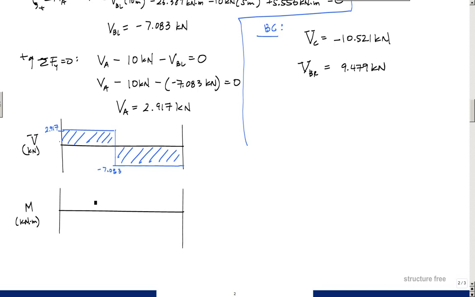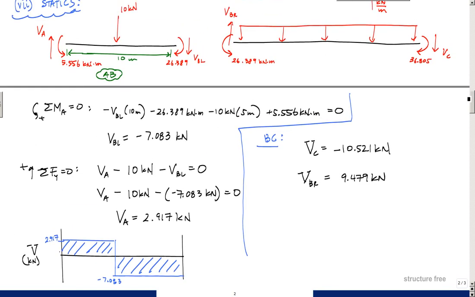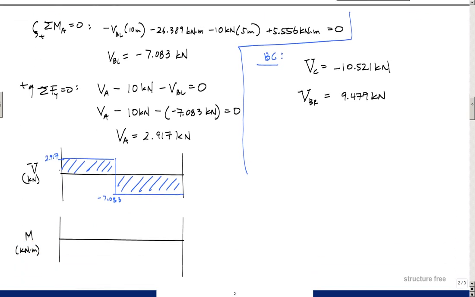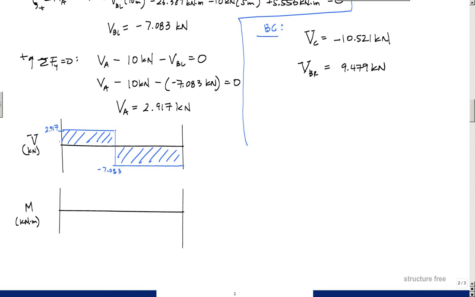And again, I know that I have this right here, this 5.556 kilonewton meter. I'm drawing my moments on the compression side, right? So those of you in Europe, don't judge me, right? So here, 5.556 kilonewton meter right here. Bam. Okay. So this is negative 5.556 kilonewton meters right here.